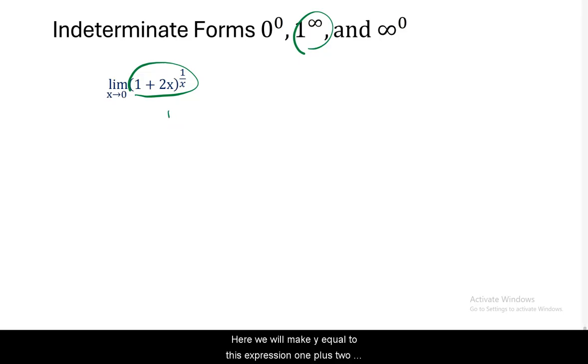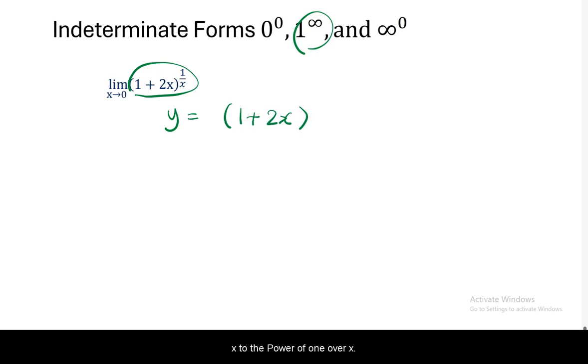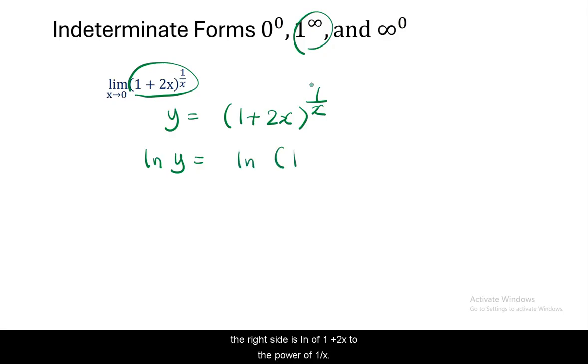Here we will make y equal to this expression, 1 plus 2x to the power of 1 over x. And here we'll take the natural log on both sides. On the left side we'll have ln of y equals, on the right side ln of 1 plus 2x to the power of 1 over x.